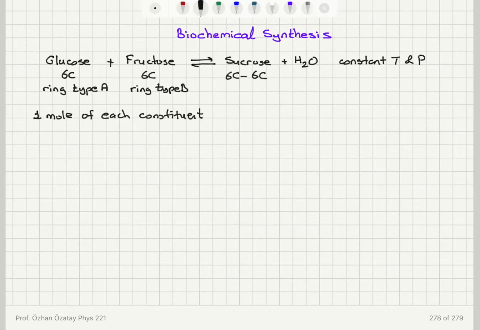And if you look from left to right, the change in the Gibbs free energy, delta G, is plus 0.24 electron volts per mole. And because the Gibbs free energy change is positive, this implies that the reaction proceeds from right to left.